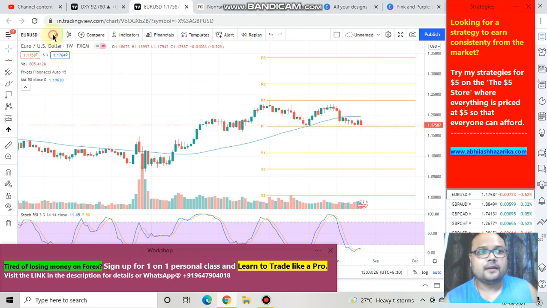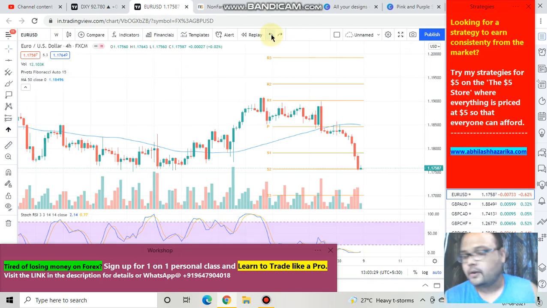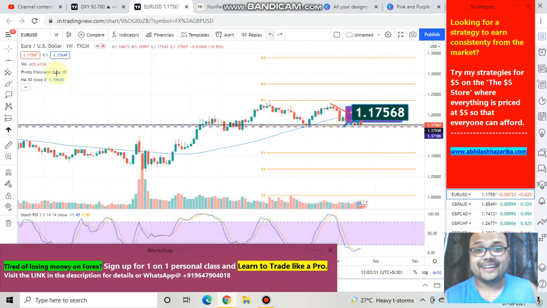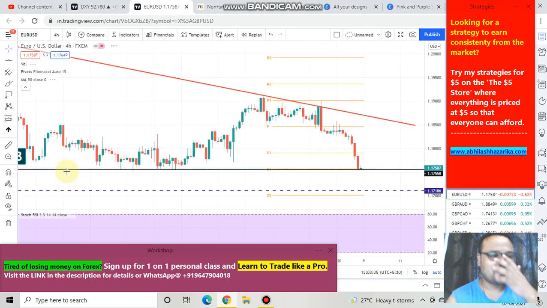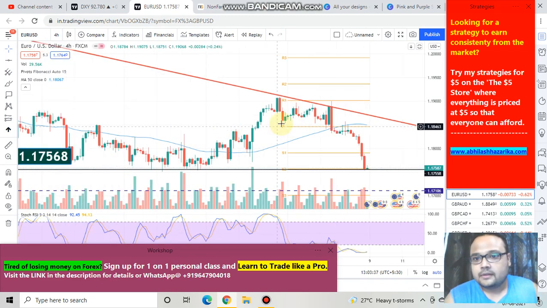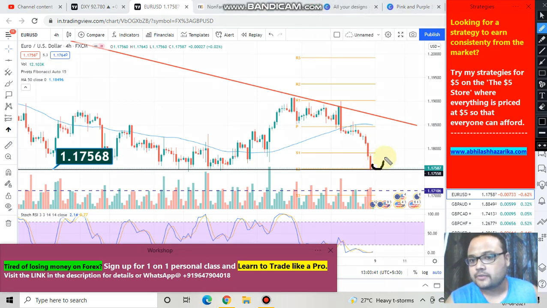Clear? On the other hand, if the market, oh, where are the lines? Wait, sorry. Lines are gone. They are back. And if the market bounces from here, then if you miss taking a buy position here, your next position will be shorting the market here.